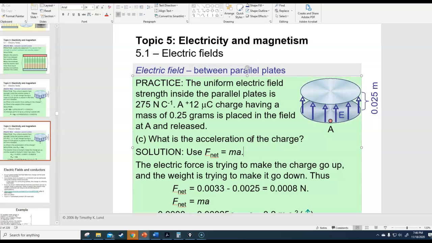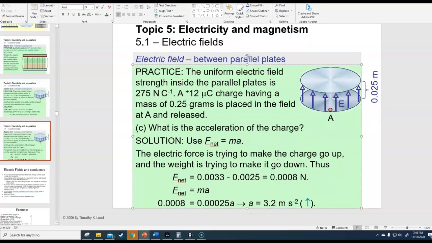And we know we have the electric force going up and the force of gravity going down. And so the net force would just be the sum of those two forces. Okay, and so here you can see the work is basically pretty straightforward, calculating the net force, and if you plug that in to F net equals ma, then you can find the acceleration.